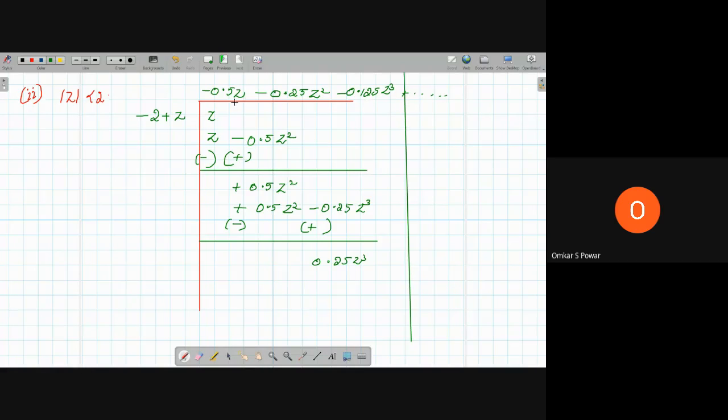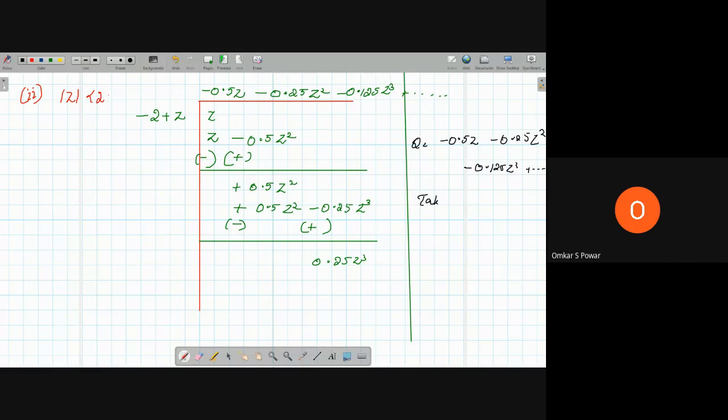Okay, get three terms, that is more than enough. So what is the quotient you will get? Minus 0.5 into z, minus 0.25 into z square, and minus 0.125 z cube and so on.